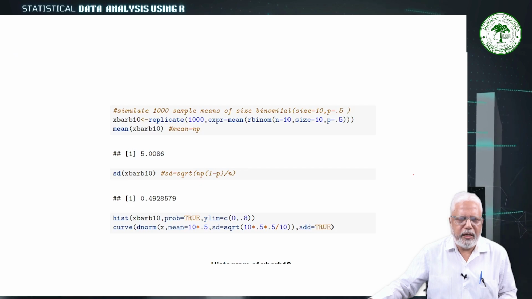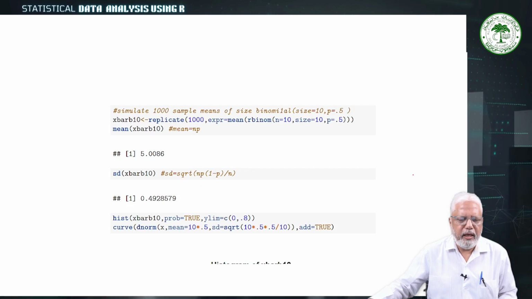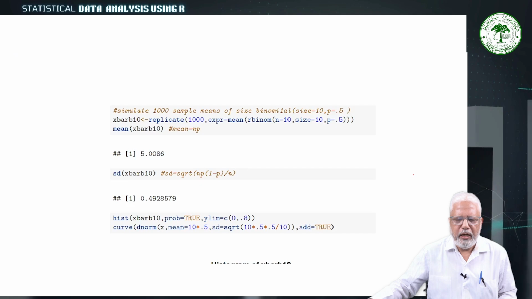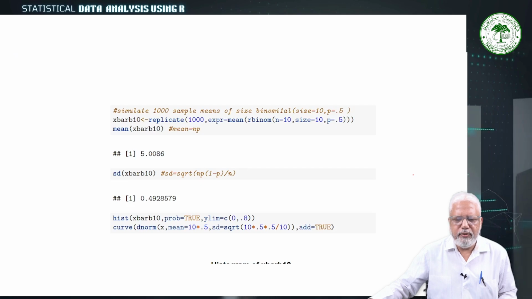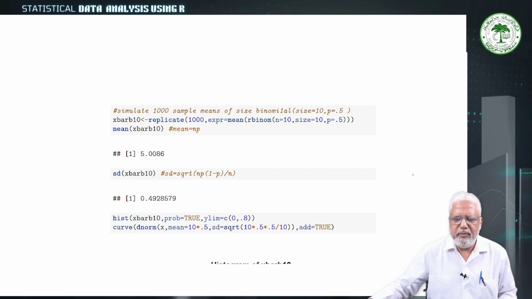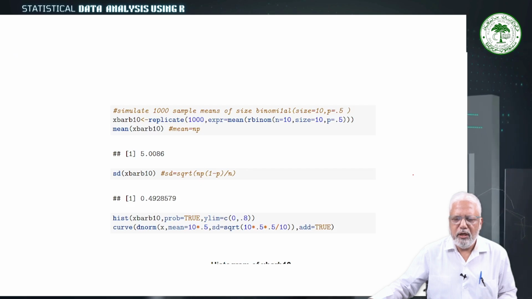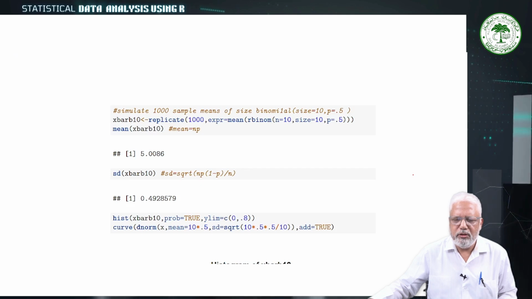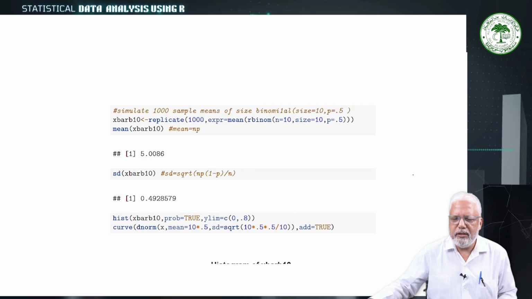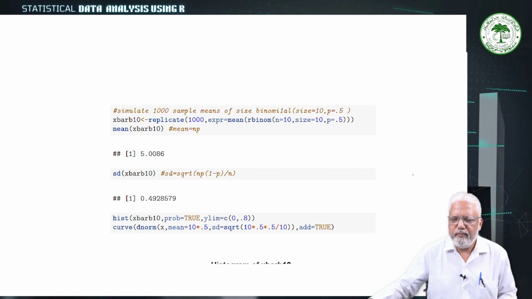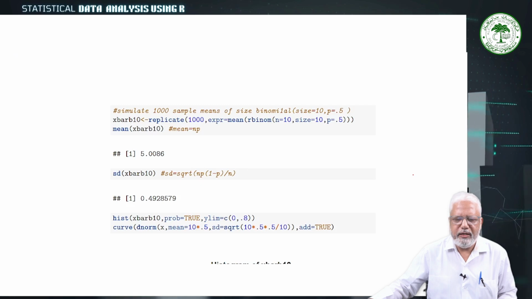So, x bar b10 is equal to replicate 1000 times, it has to be repeated, and the expression will generate the mean, and the mean is based on rbinom, that is, random observations from the binomial distribution with size equal to 10 and p equal to 0.5.